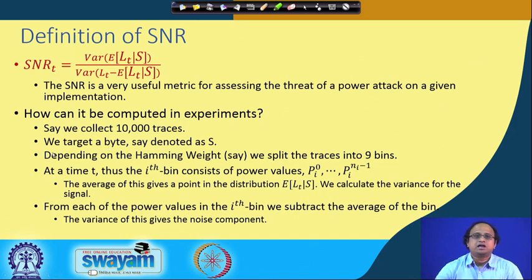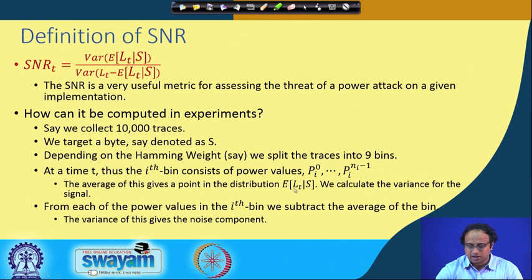At a time t, the ith bin consists of Pi0 to Pi(Ni minus 1), assuming Ni traces go to the ith bin, and then I take the average of all these values. That gives me an estimation of E[LT given S equal to i], because that is the ith possible class.